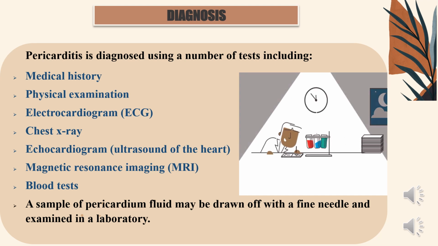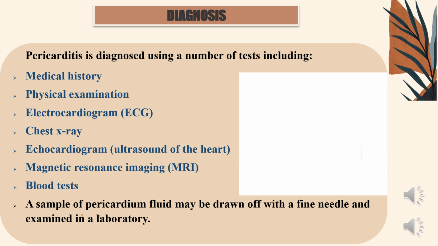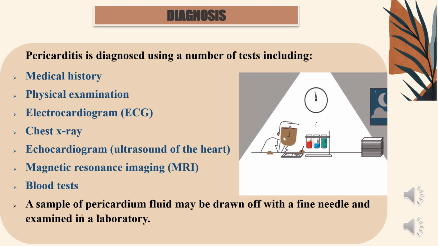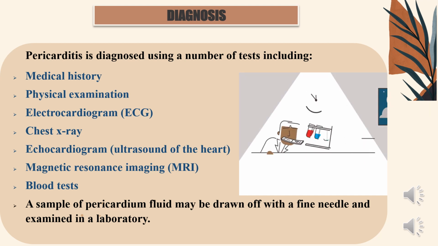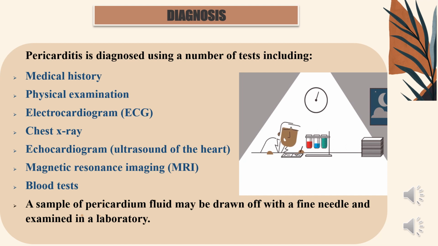Chest X-ray is not helpful in uncomplicated pericarditis. A chest X-ray is usually normal. However, if fluid accumulates in the pericardial sac, the heart can appear larger on the X-ray. Echocardiogram to see how well your heart is working and check for fluid or pericardial effusion around the heart.